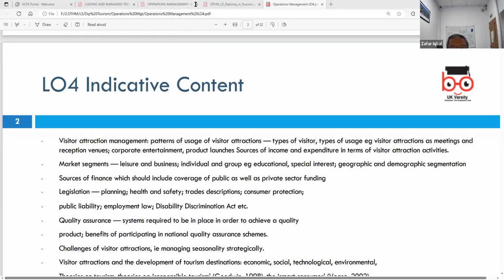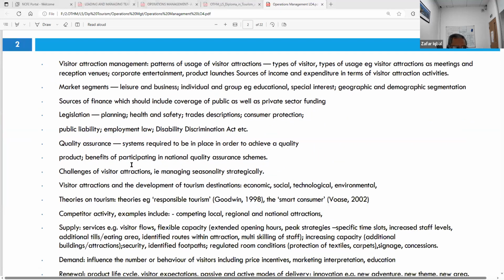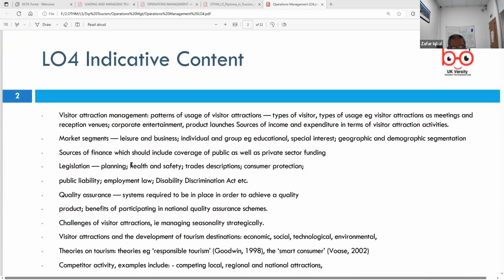Okay, Adriana, so she's here. This particular learning outcome, LO4, has quite a lot of materials to get through. Typical contents include visitor attraction management, the types of income and expenditure, visitor management, market segments, market research and sources, legislation and quality assurance.